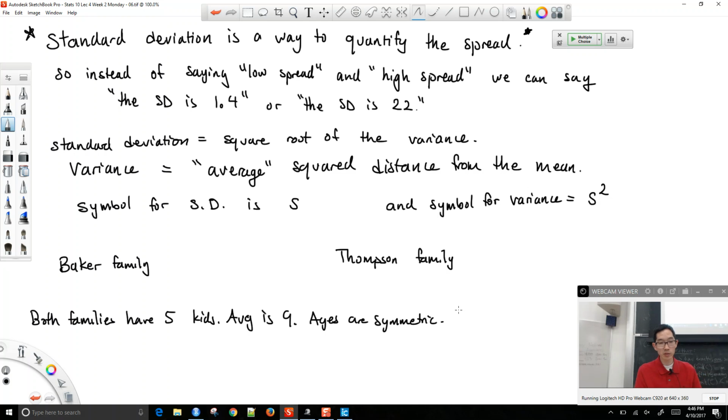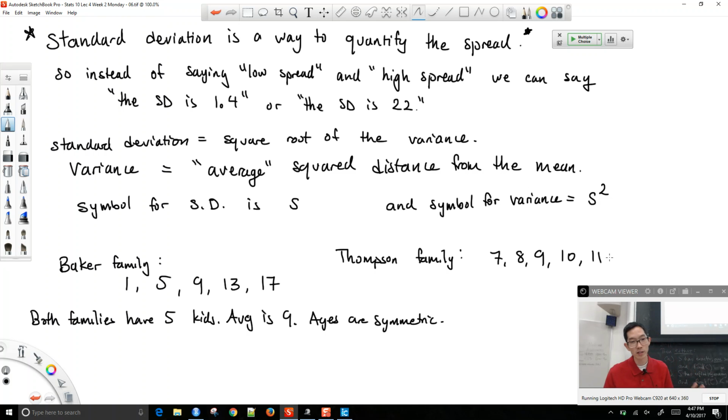So you might think, well, the numbers might look the same, but they don't, okay? So let's say the ages in the Baker family, we've got a 1-year-old, a 5-year-old, a 9-year-old, a 13-year-old, and a 17-year-old, okay? And in the Thompson family, the ages are 7, 8, 9, 10, 11. Both families, 5 kids, average age is 9, and the ages are symmetric.